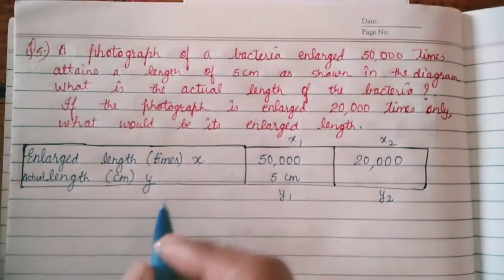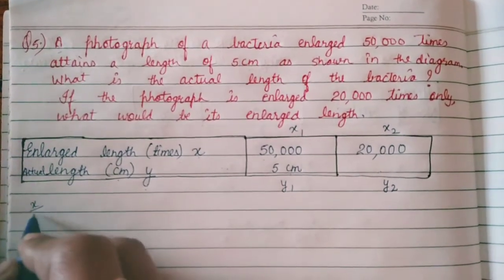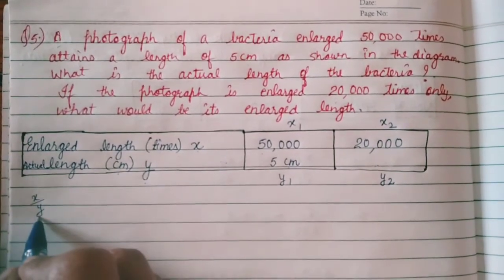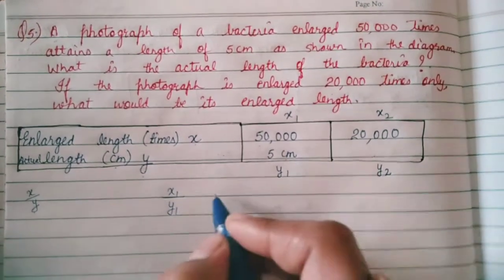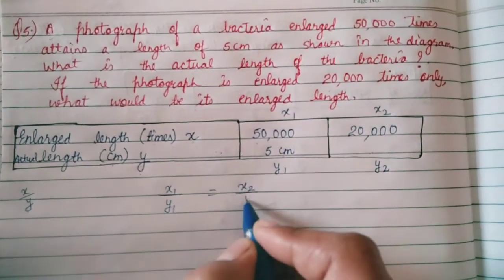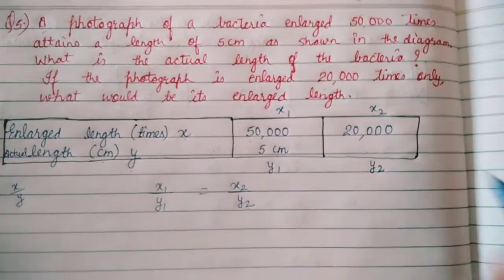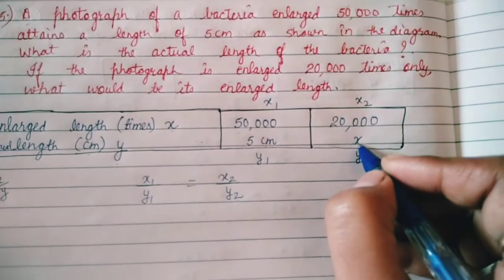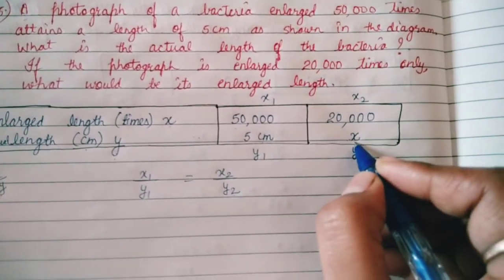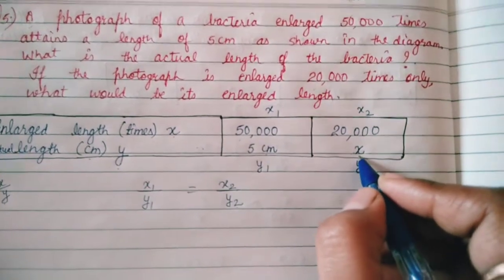So here we will apply the direct proportion method, where x by y is constant, so x1 by y1 equals x2 by y2. We will use this formula. We need to find y2, so in the place of y2 we can put x, which denotes the unknown. We need to find this unknown value.